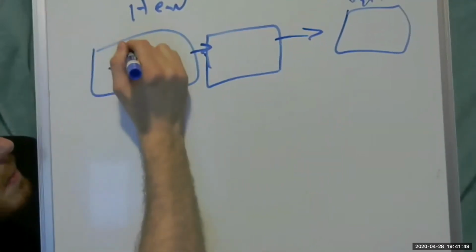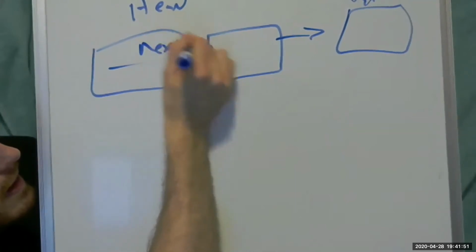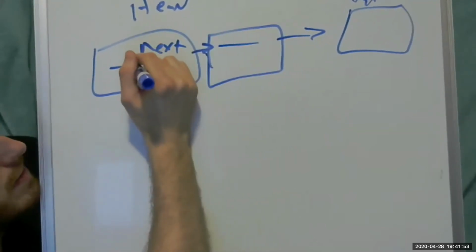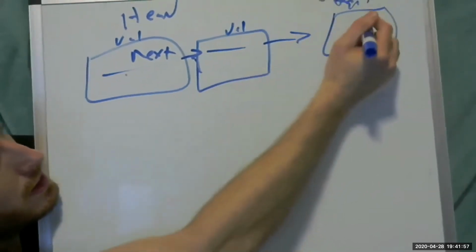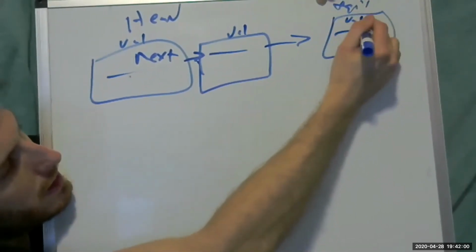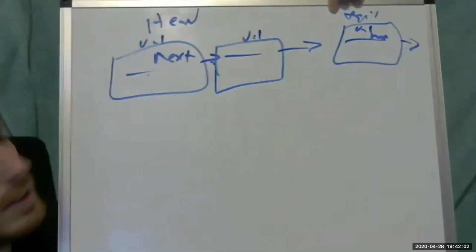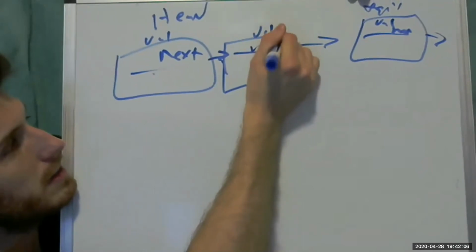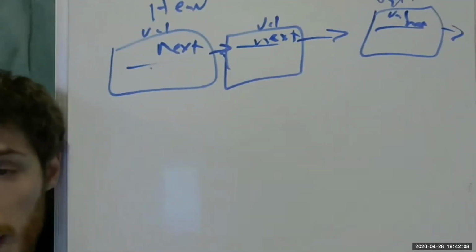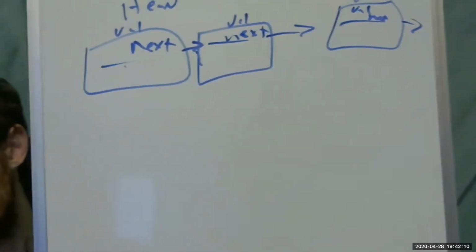So they have a next property, and they have a value. This one points to null. Let me write next here too. Okay, so we've got these next properties in our linked list.